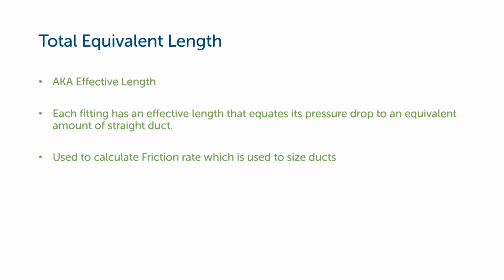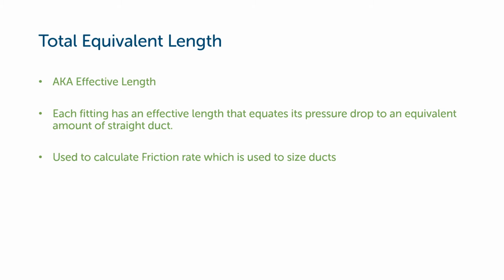Next, the total equivalent length, also known as the effective length. When you add up the effective lengths of all the fittings and then add that number to the length of the straight sections in the most restrictive runs in the return and supply ducts, you find the total effective length. The critical path is the longest path that the air needs to flow, which means the path with the most resistance in it, right?